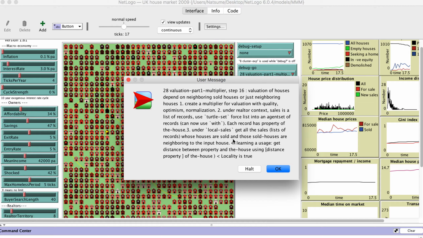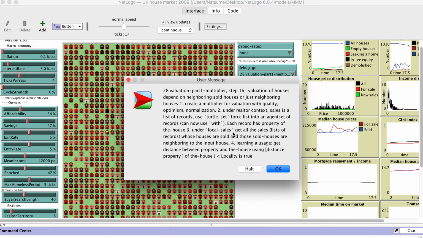And also we will check those sold houses for how close they are to the house we are going to evaluate. If they are close, if they are neighbors to each other, then we will assign these records about these sold houses to a variable called local sales.